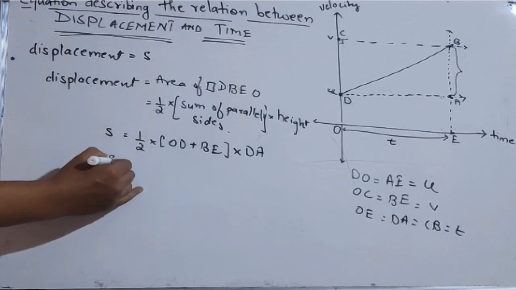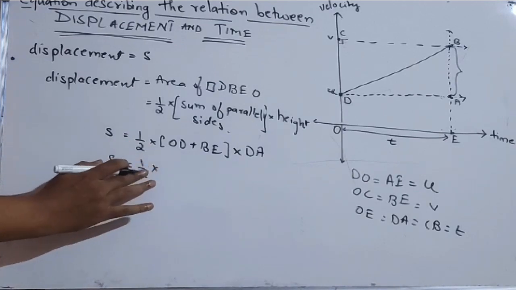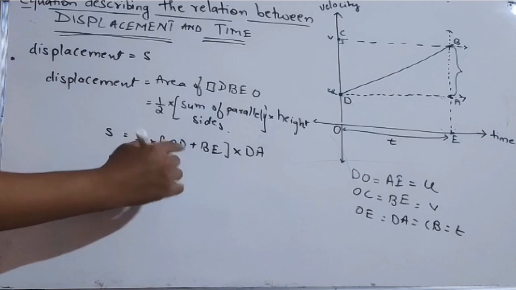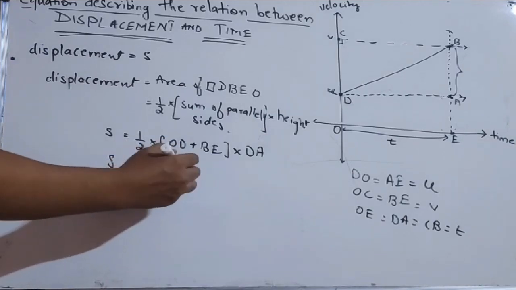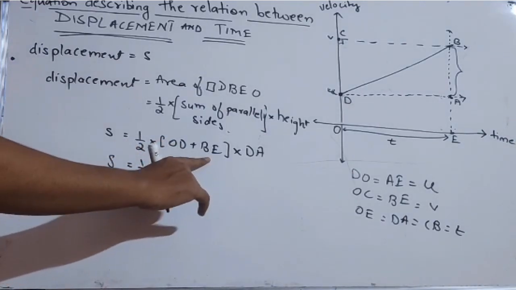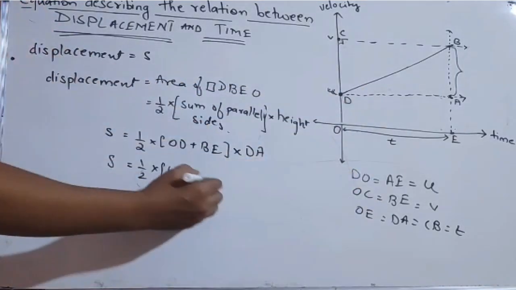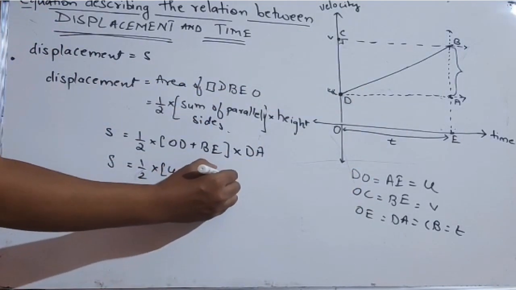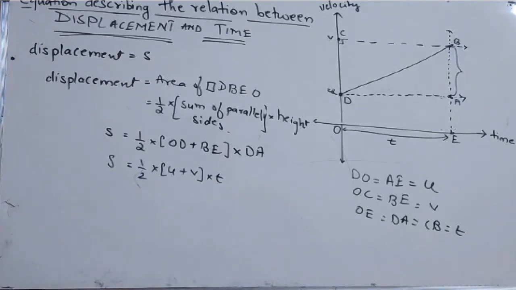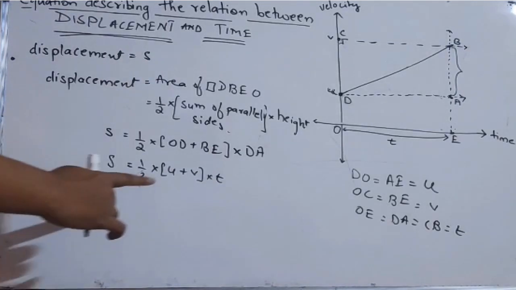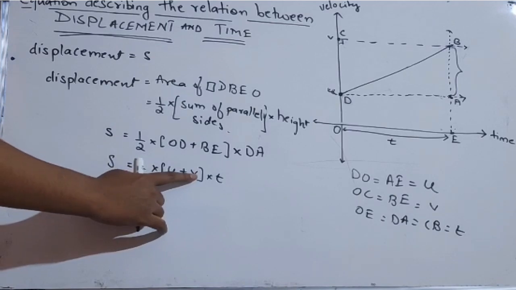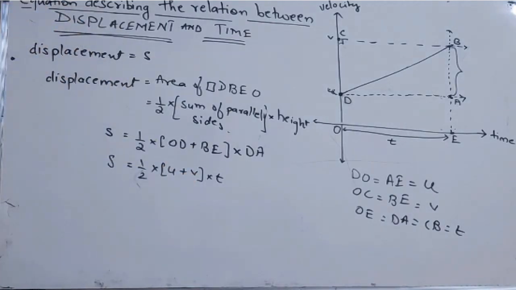So S is equal to half multiplied by OD plus BE, where OD is U, and BE is V, into T. Now, we do not want V, but we know the value of V from the first equation: V is equal to U plus AT.